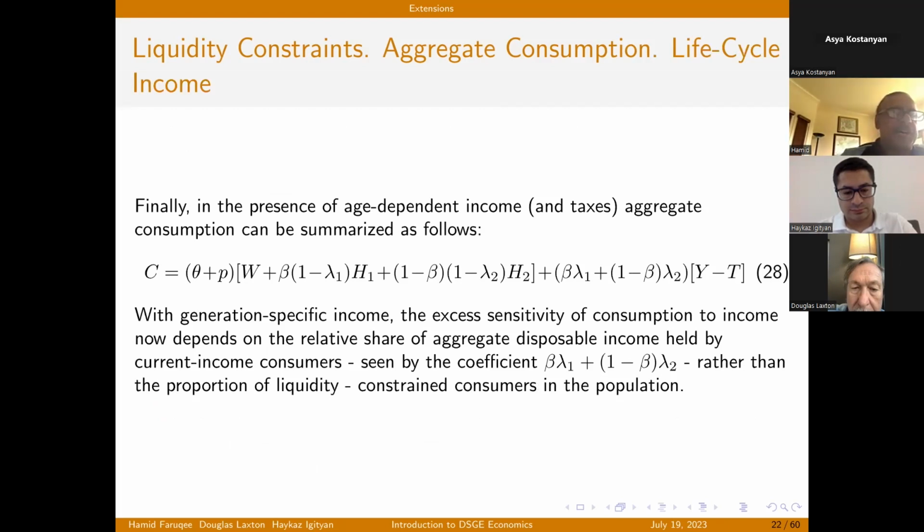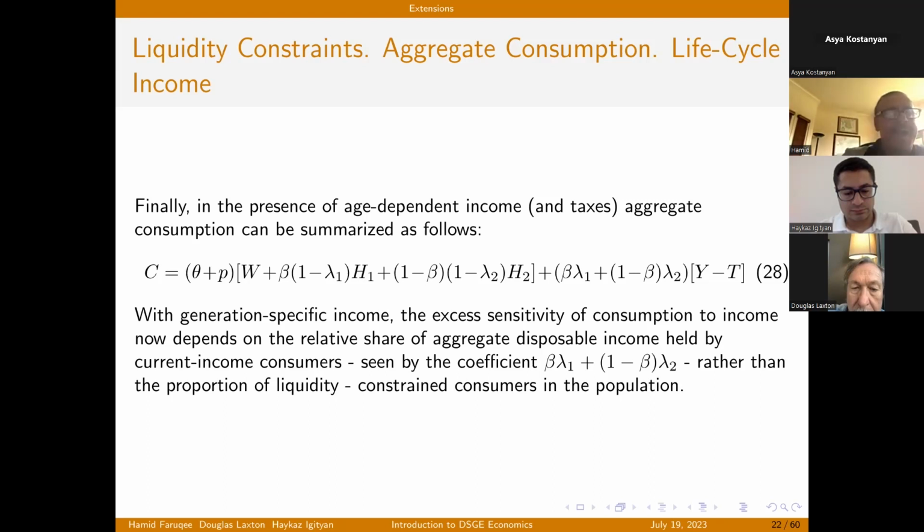Now this is just an extension of that same model where we've added liquidity constraints, and we've also added those life cycle income profiles, and then you get these interactive terms between the lambda and the alphas that we saw before with the parameters in the hump-shaped income profiles.